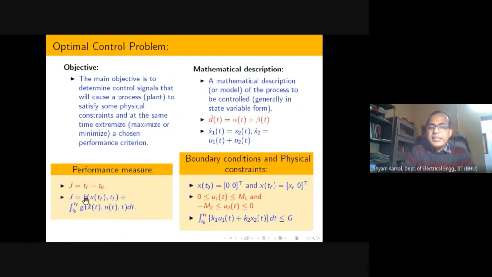Here in J, I have defined TF minus T0, and the argument of J is some kind of function. We have a second order system, so we are mapping from R2 to R or R plus.